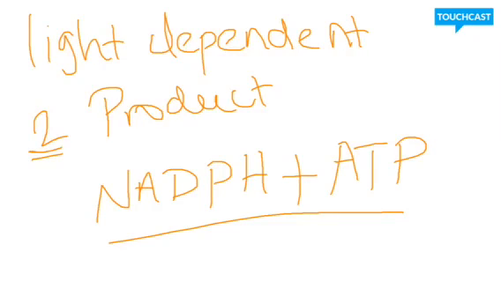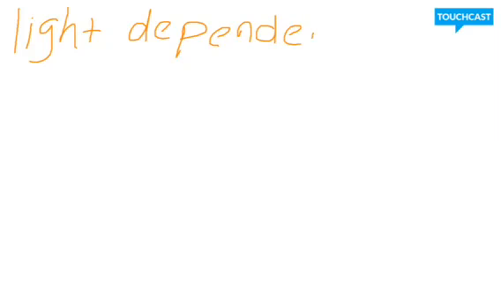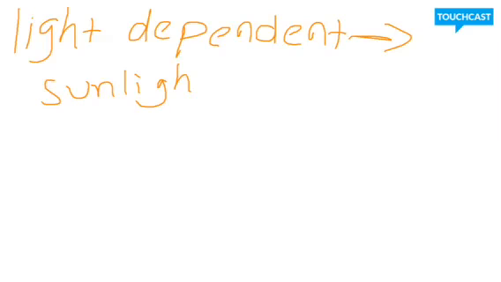Let's quickly remind ourselves of three things. Light dependent needs sunlight. It happens in the thylakoid membrane.